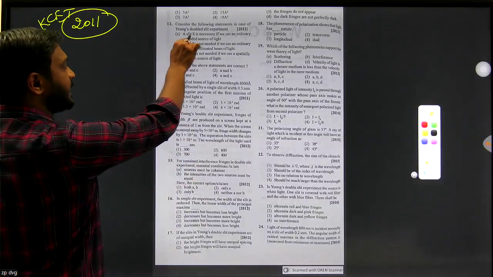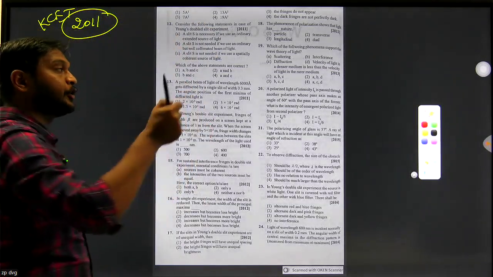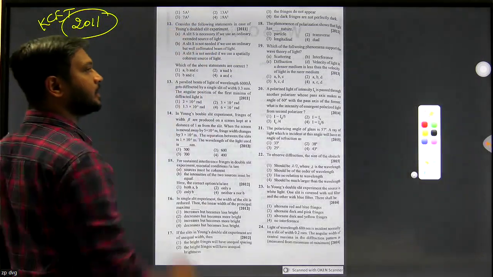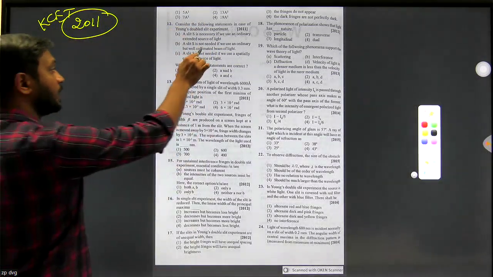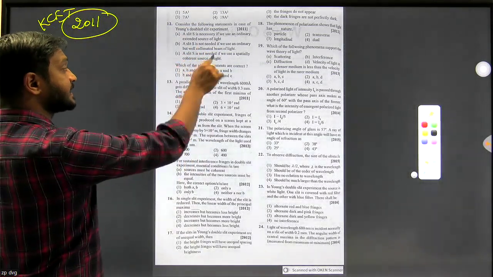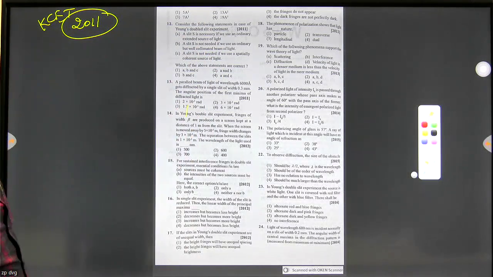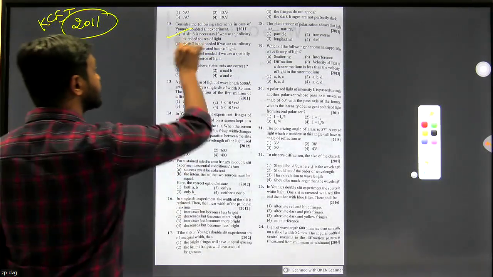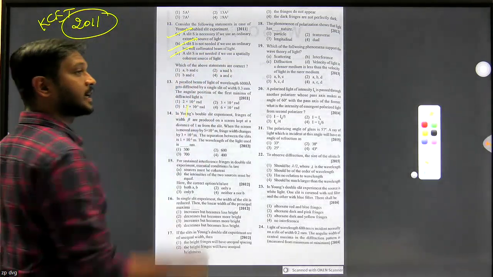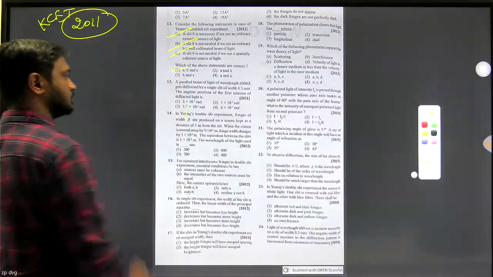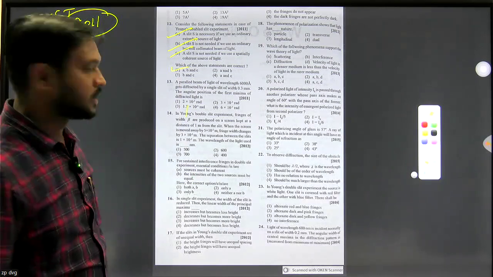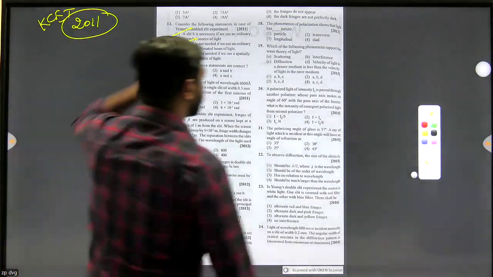Option A: slit S is necessary if we use an ordinary extended source of light. B: slit S is not needed if you use an ordinary but well collimated beam of light. C: slit S is not needed if you use a spatially coherent source of light. See, all these statements are correct. So which of the above statements are correct? That is option 1, A, B and C. Is it clear? Just a theory type question.